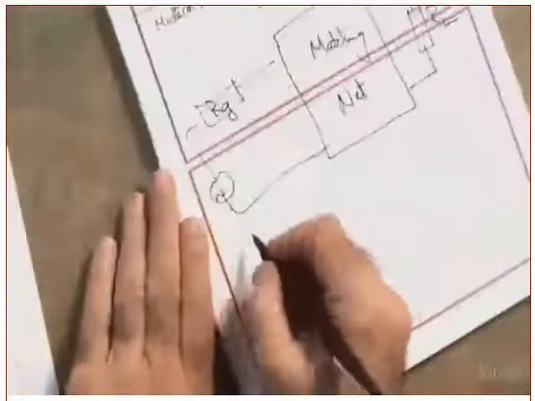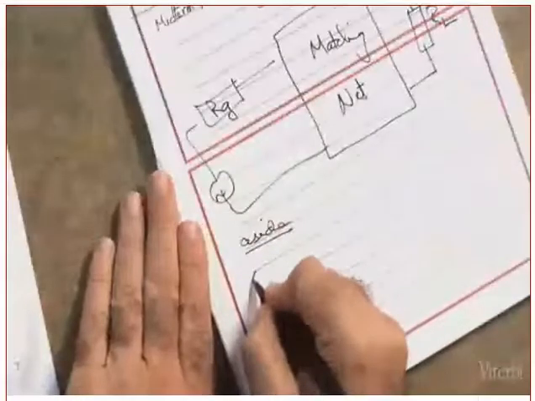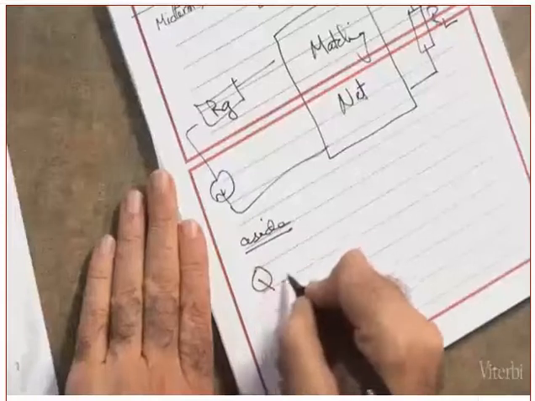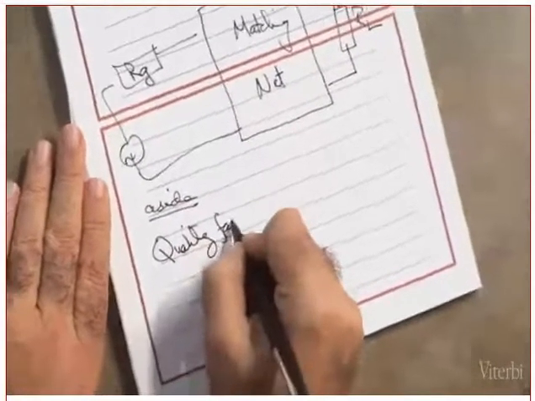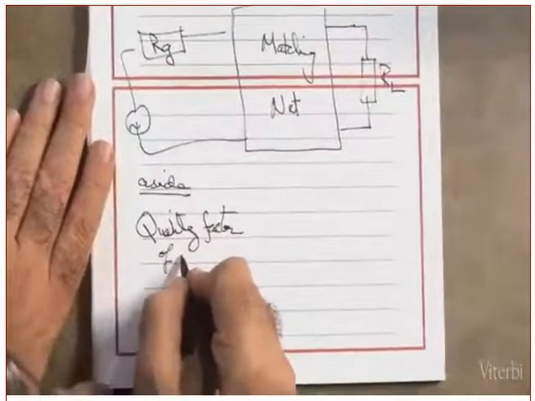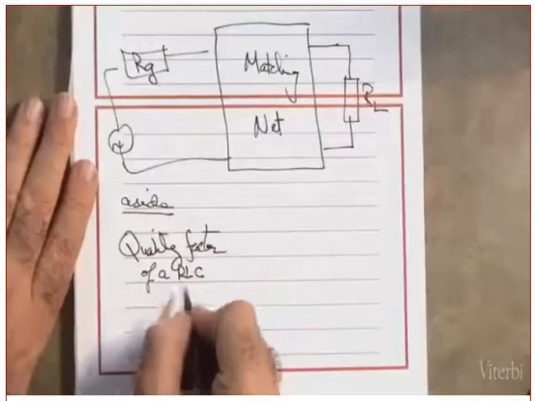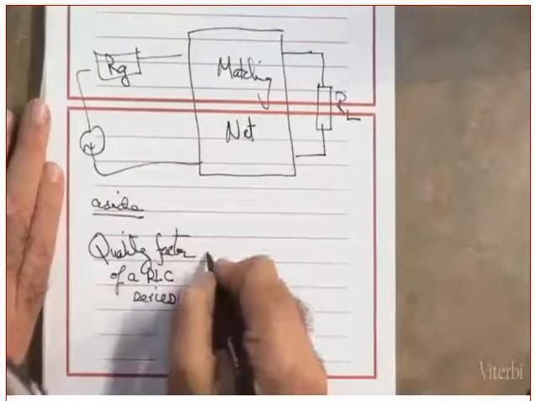Oh, one more thing, aside. I keep receiving that question. I thought you already know that. What is the definition of the Q, the quality factor? Anybody? Quality factor of an RLC, let's say series. It doesn't matter, series or parallel. Anybody?